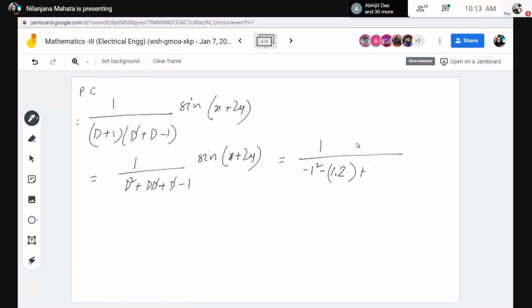I cannot put anything in place of D dash, so I will leave it like this. So it will be D dash, minus 2 minus 1 is minus 3, and minus 1, that is D dash minus 4, operating on sine x plus 2y.